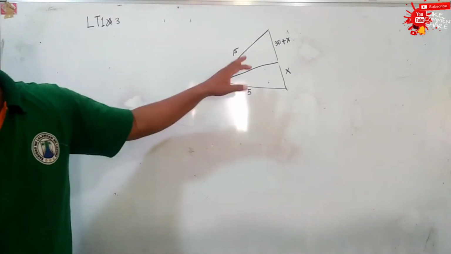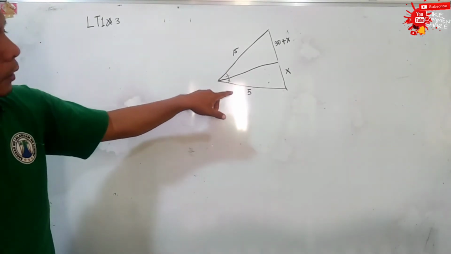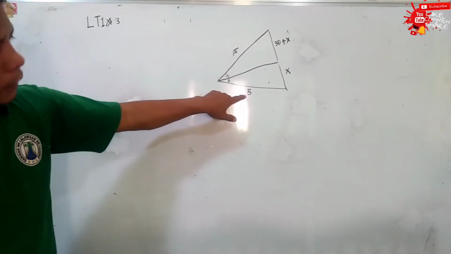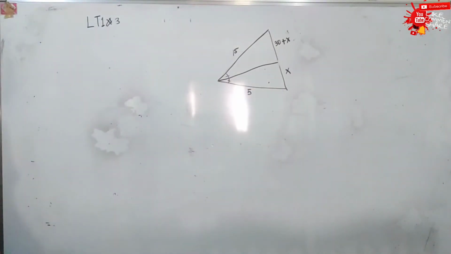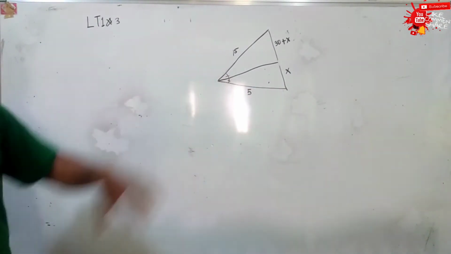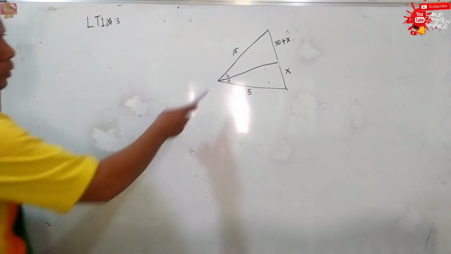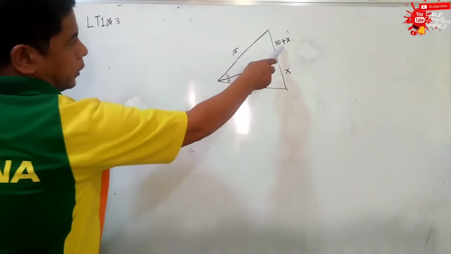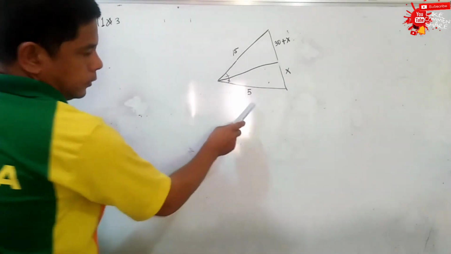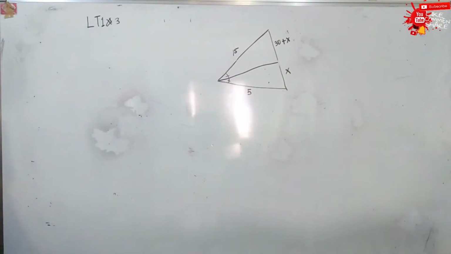Then, sa right side, sa given natin, nasasagutan ng mga estudyante, this is 10 and this is s. Okay? So, ngayon, pinalitan natin ng given. So, itong segment nito ay 15. Ito naman ay 30 plus x. Ito ay x and this is 5x. So, correspond lang din yan.